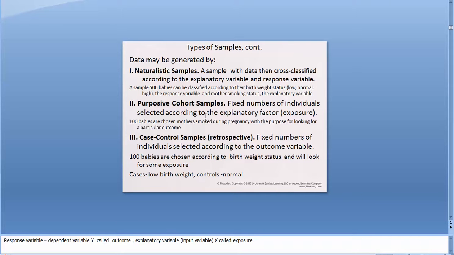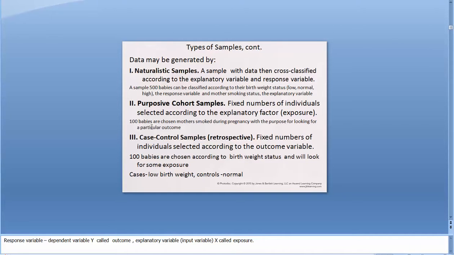And that characteristic is the explanatory factor, which is the exposure. That means you are looking for some characteristic which is evident in a bunch of people, and all the people in the sample should have that outcome or the explanatory factor.